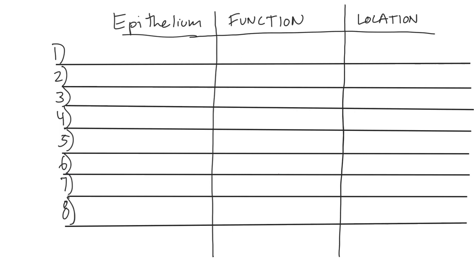But for the most part, they are named by their structure and or their shape. So we have simple, which refers to what? What do we remember from lab? One layer, right? And we have multiple layers, which is stratified.